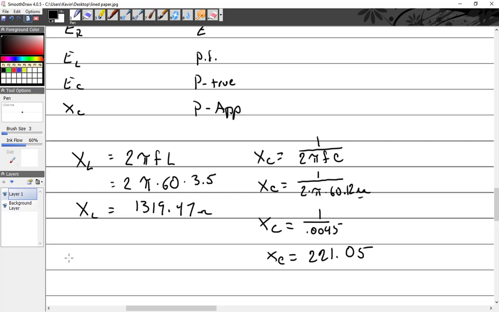Okay, X total. X total equals 221.05 what? Ohms, yes. All right, XT, what's my formula for XT?